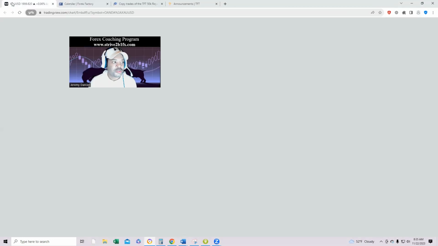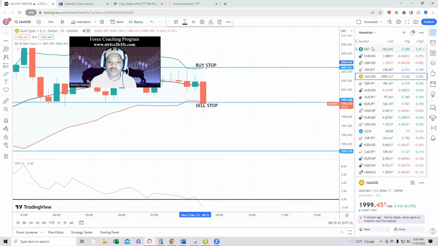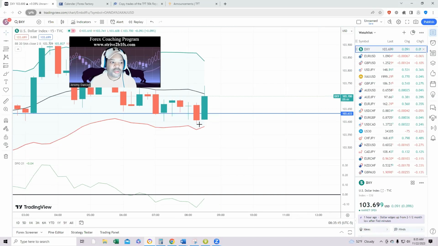So if we just look at the US dollar real quick. Okay, the US dollar is moving, only up 0.11%.